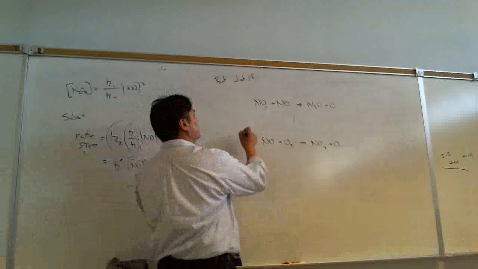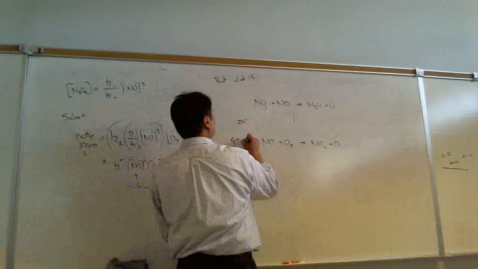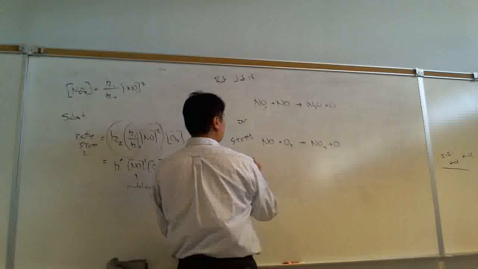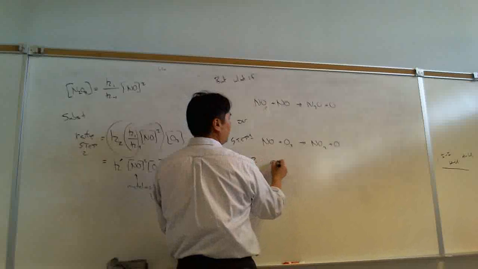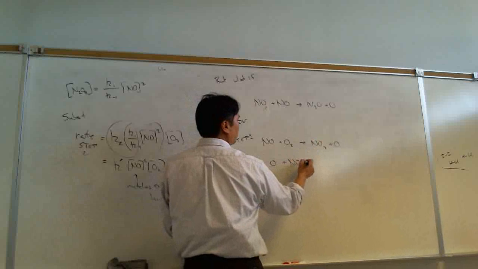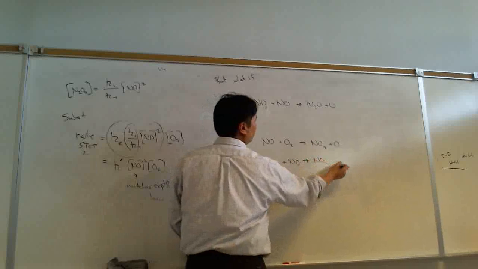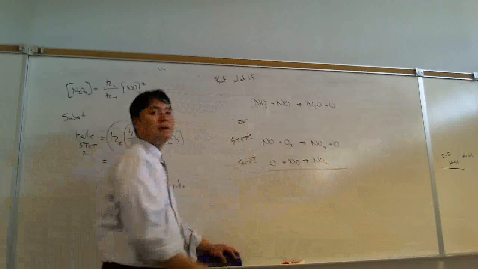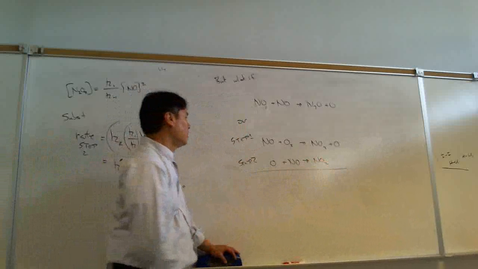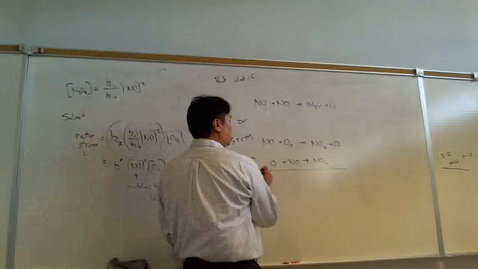So if we did step 1 like this, and then step 2 like this, step 2 would be getting rid of the intermediate O. And so that would be O plus NO yields NO2. When I add these two steps up, it looks like it matches. And then we're going to call the second step slow.